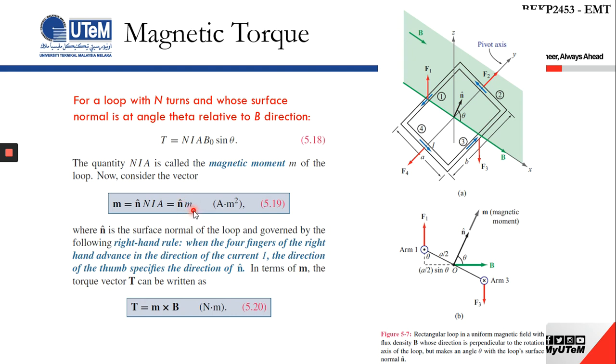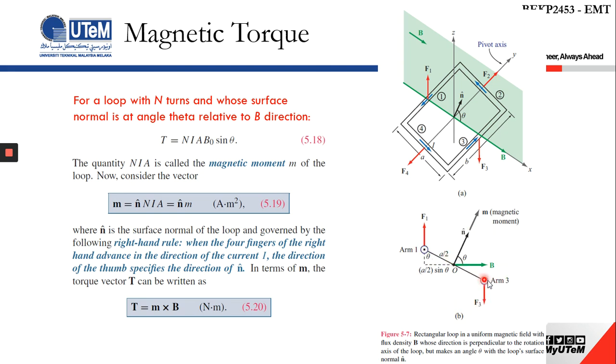You should understand that this m here is N, I, and A. And we have the direction of n. Why do we have n? Why don't we have direction of x, y, or z, or theta, or phi, or r? It is because we use n because the direction always changes as the coil rotates around its axis.